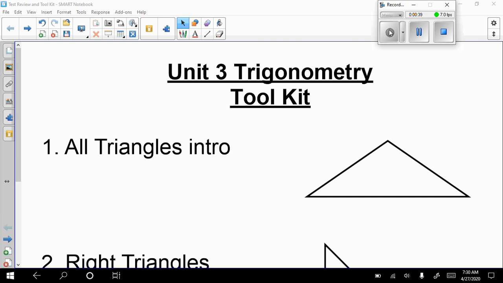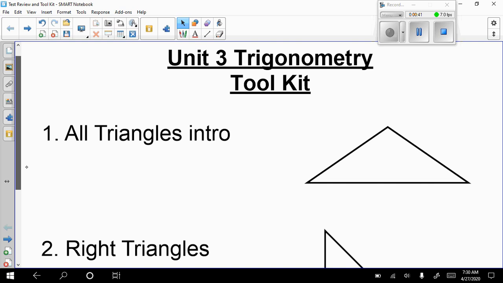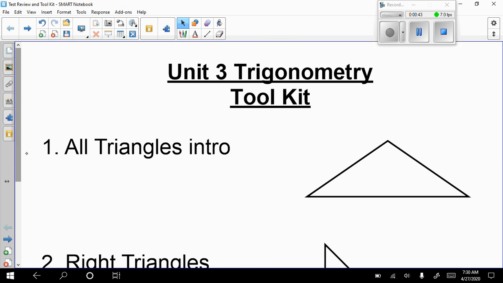The toolkit. So in the toolkit, all the things that I think you're going to need. Well, one of the things that you'll need is something that you learned last year or that you've learned in the past, and that is that the sum of the angles in a triangle is 180. So if we were to label this, we're going to use capital letters for the angles, so capital A, capital B, and capital C, and that represents that angle, and that angle.